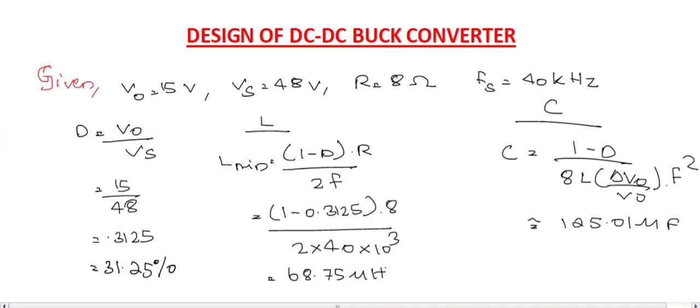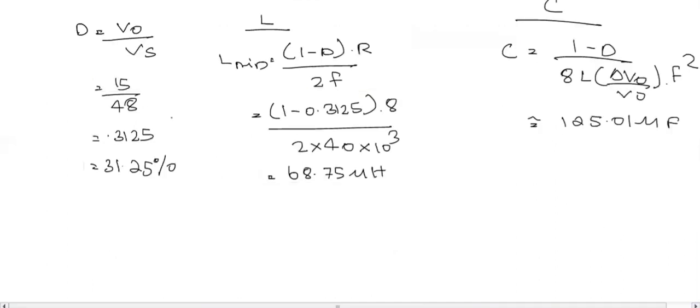But when we are doing the simulation or the hardware implementation, we assume the value of inductance to be 25% larger to have continuous conduction. In that case, the value of L minimum will be 25% more, approximately equal to 85.93 microhenry. The exact calculated value is 85.93.